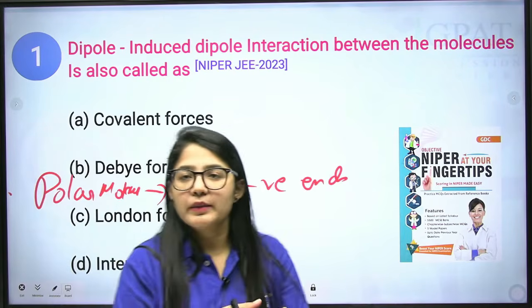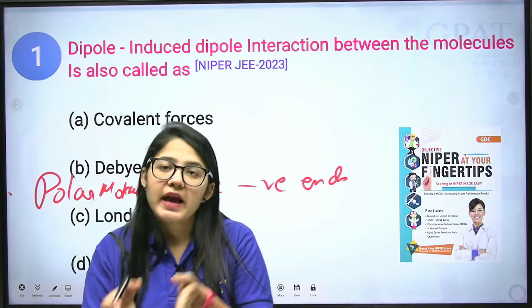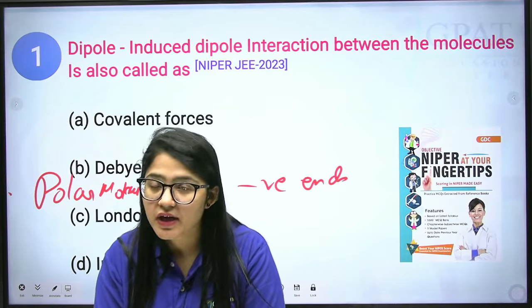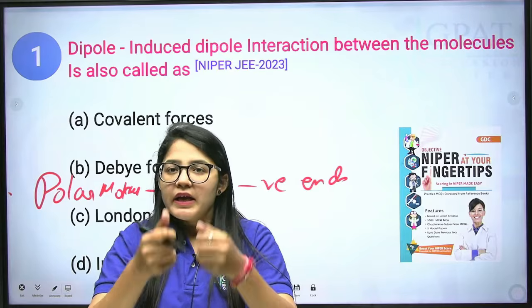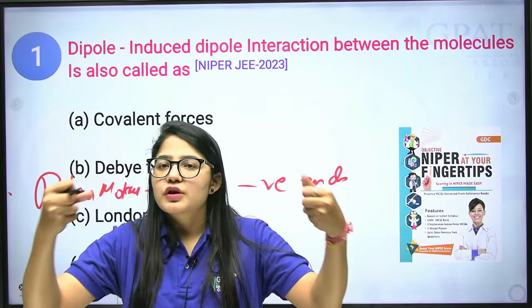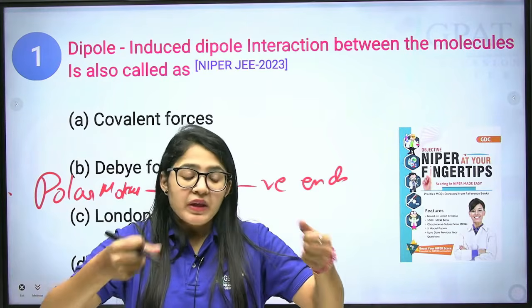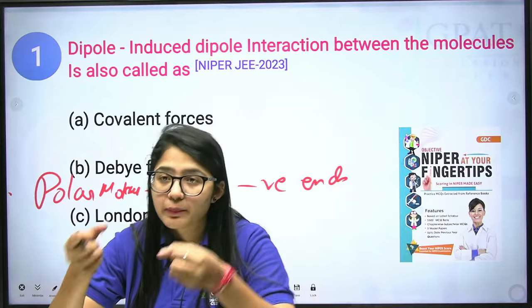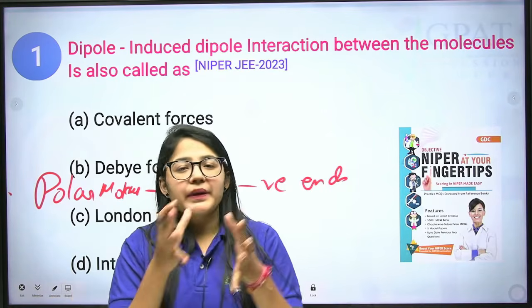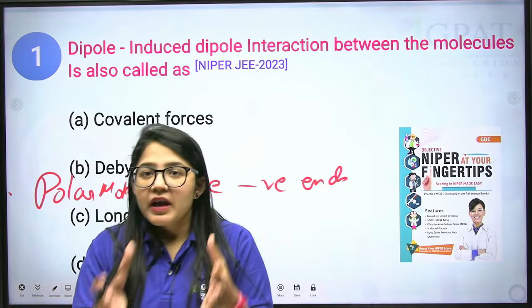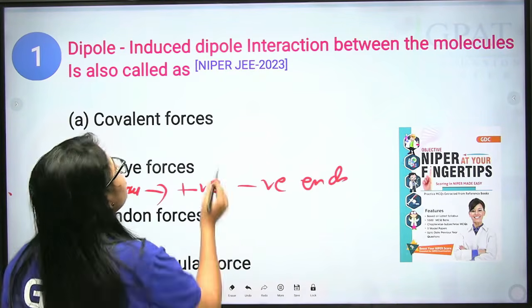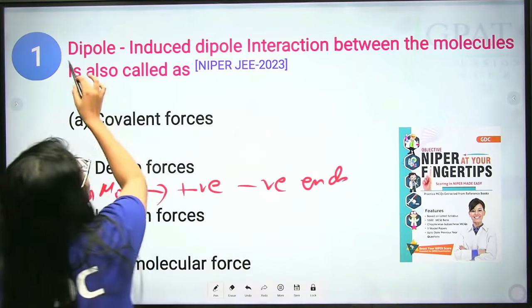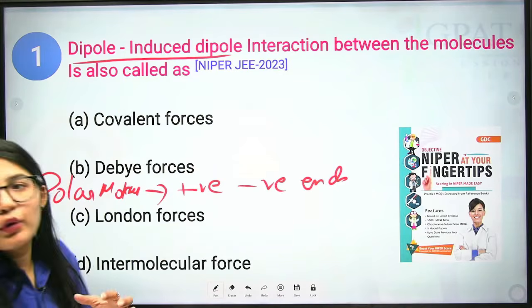So a polar molecule has permanent positive and negative charge, but when it comes close to a non-polar molecule, it pulls the electrons of the non-polar molecule slightly. That creates a temporary polarity in it. This temporary polarity leads to attraction, and the attraction is known as dipole-induced dipole interaction.